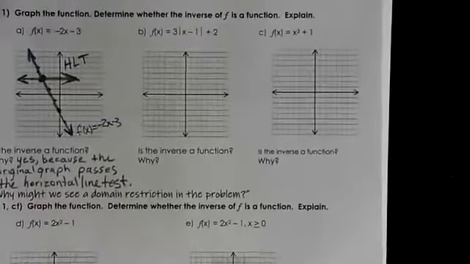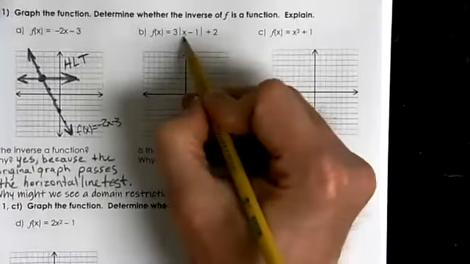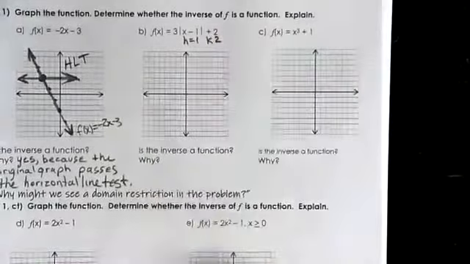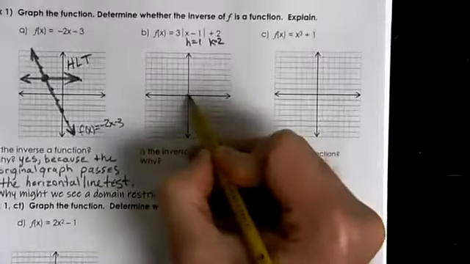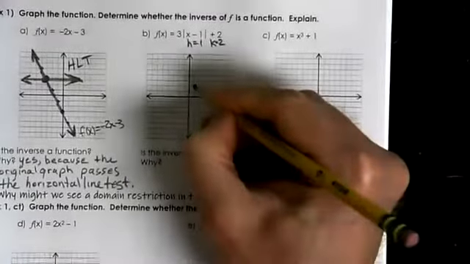This is an absolute value graph where your H value is 1 and your K value is 2. So you're over 1 and up 2 with a slope of 3.